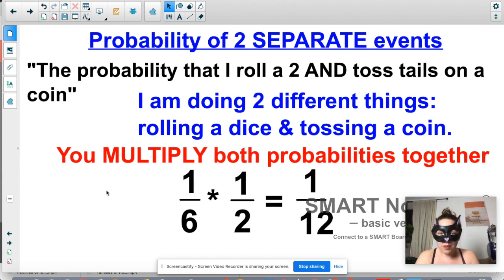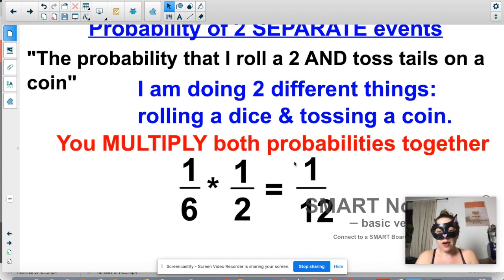Well, first I would find the probability that you roll a 2, that's 1 out of 6, and the probability that the coin lands on tails, and that's 1 out of 2. And then you multiply those probabilities together, and that would become 1 out of 12. So notice the probability that it happens becomes less likely because it's even more rare that both of those things happen at the exact same time. And that's all the vocab you're going to be doing today.